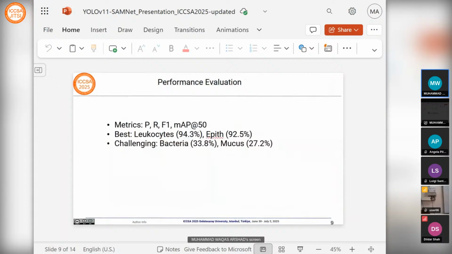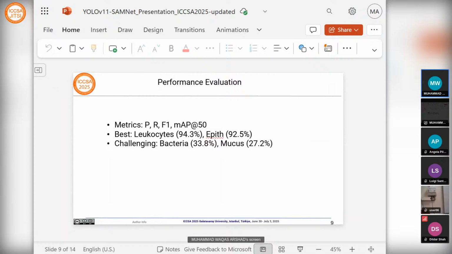So the next slide is about the performance evaluation. Here we evaluate our model performance. We use standard metrics like precision, P for precision, recall, F1 score, and the mean average precision at a threshold of 50. Our model performs well for certain classes, not for all the classes, because it's a complex structure.